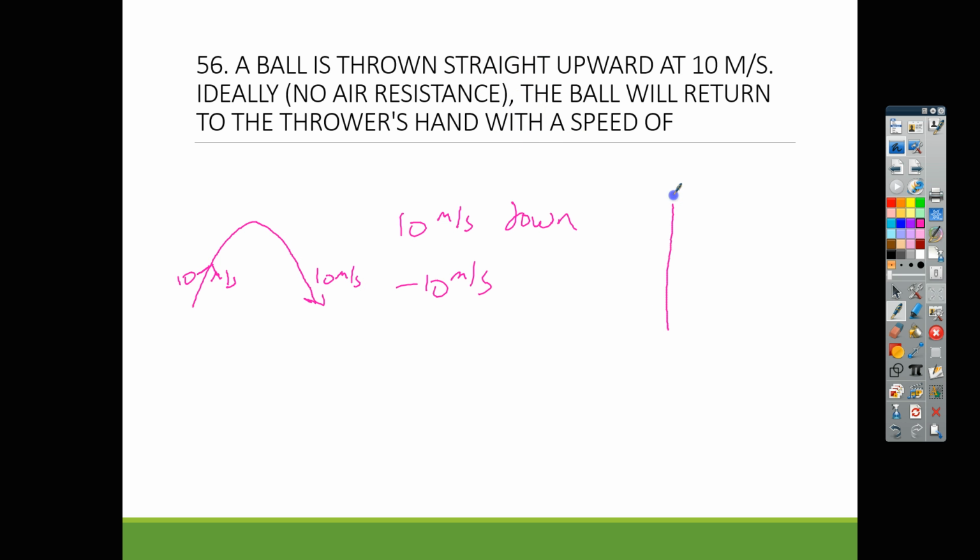This ball is thrown straight up, so it goes up at 10, and when it comes back down, it hits the person's hand at 10 meters per second. So here, same thing, this would be down, and this direction would be up, but the magnitude is the same. And so because it says speed, you just need to have the 10 meters per second.